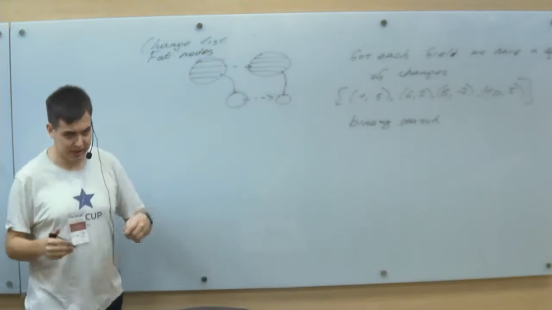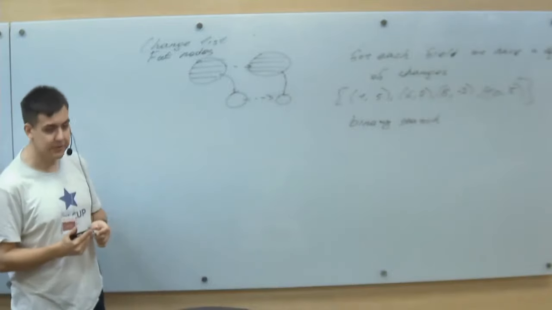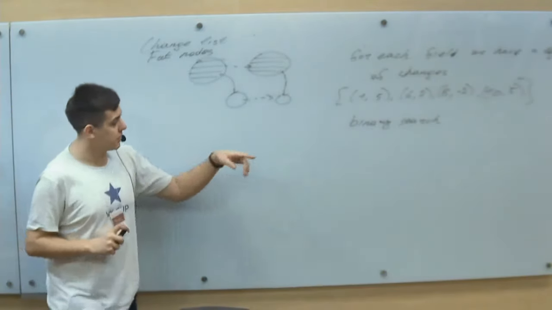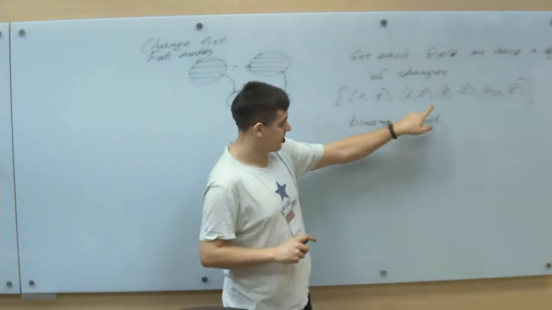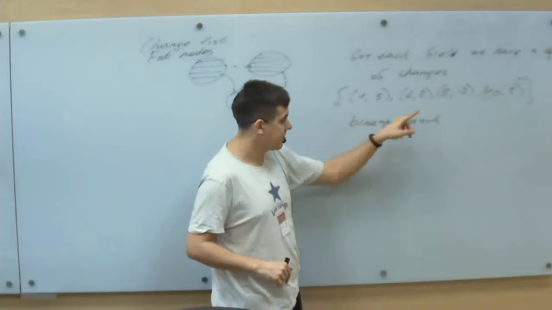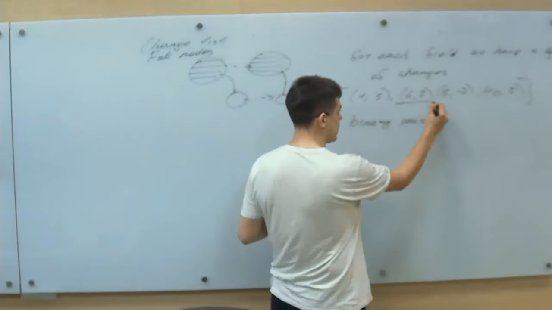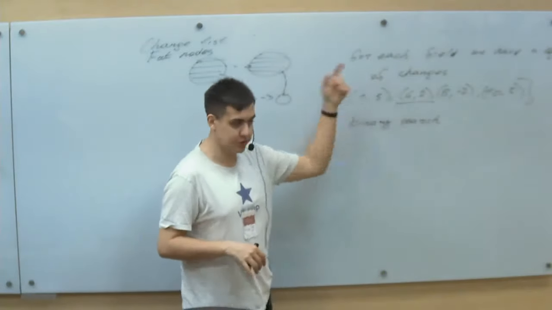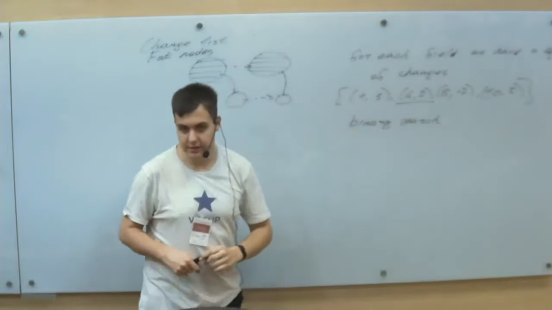So nodes now store a lot of different values for a lot of changes. To access some field during some version, for example at version 7, we have to find this log entry. So we need to do binary search on the version, and we'll need to find 6.